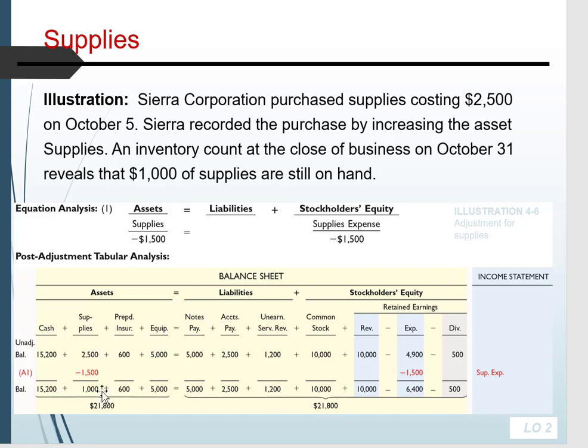So we need to say, again, remember, there's $2,500 of inventory here. We need to show that there's only $1,000 left. So we need to subtract 1,500. And again, if we go across the sign, that's an expense. So we're going to have to write off then that $1,500 as supplies expense.